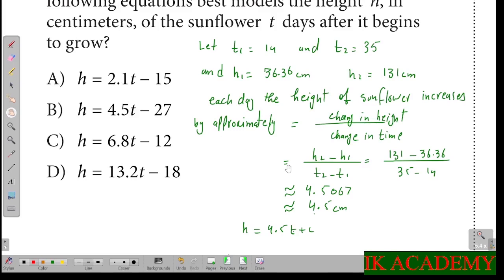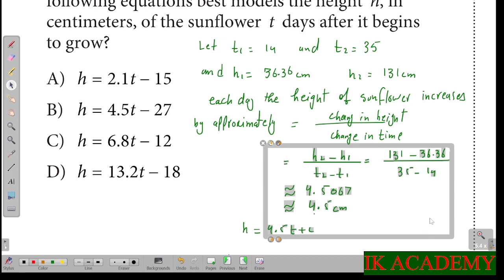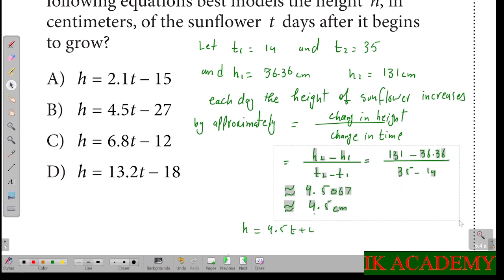Let me arrange the data so we can find the y-intercept of this equation. We can find the c by using any order pair of time and height. So I'm going to move this data through the left side so we can arrange it first.